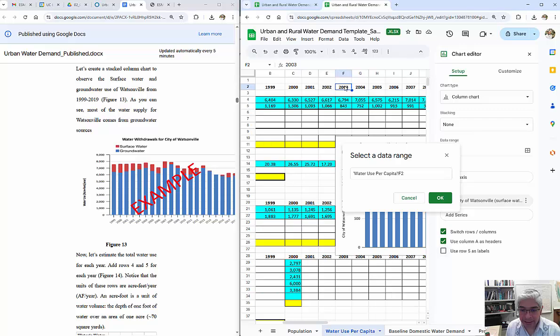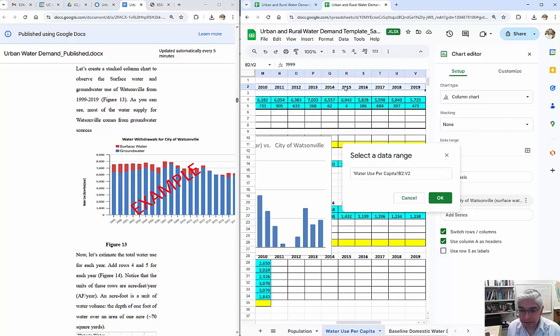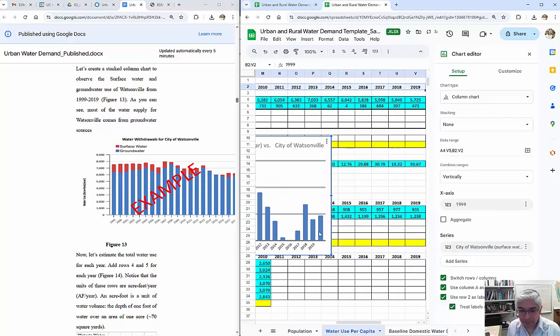So we will add first the X time series. There you go. Now we have it.